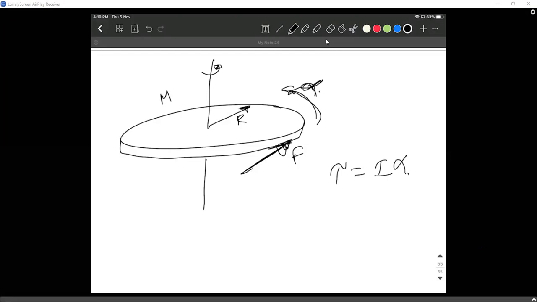Ganesh gave me an answer. What is that, Ganesh? No. Your fr equals mr square by 2. Ganesh is saying the answer is 2f by mr.